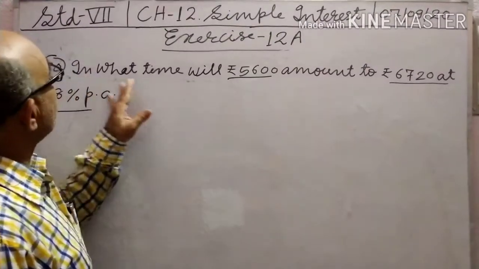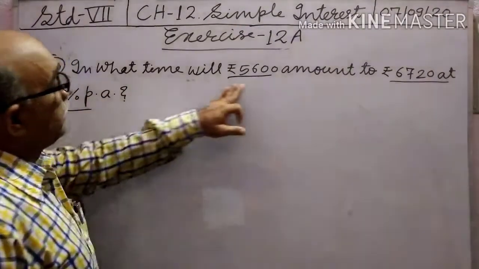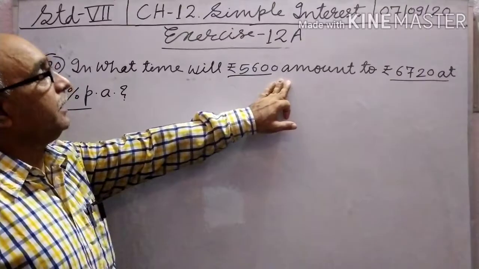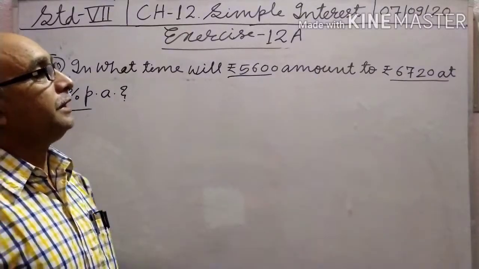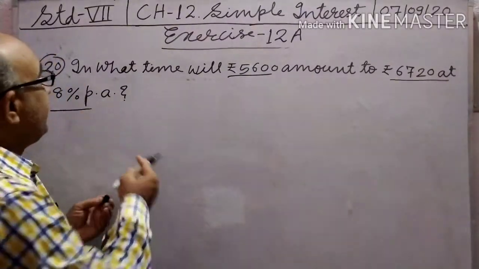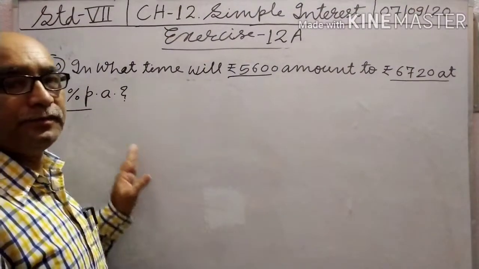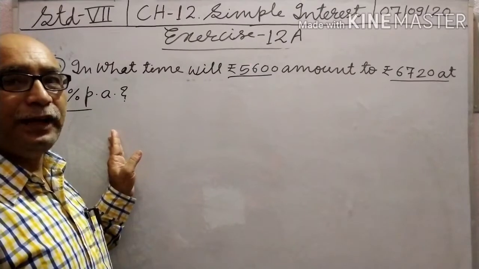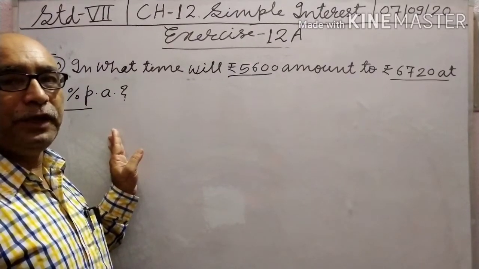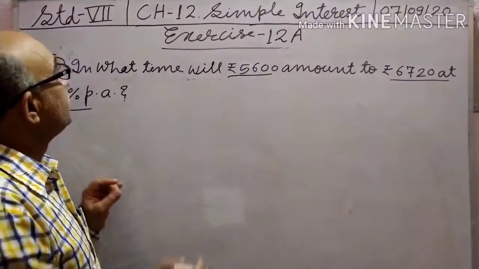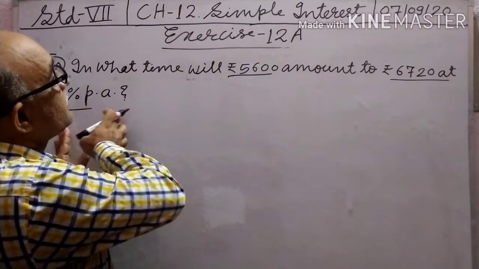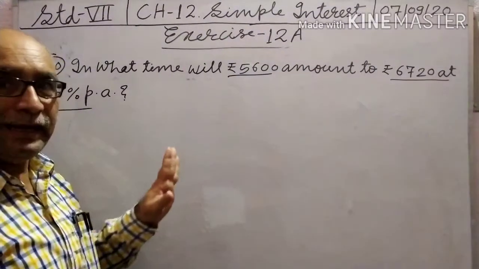In this question, in what time will rupees 5,600 amount to rupees 6,720 at 8%? Students, we have to find here time. Time equal to SI into 100 by P into R. So P is given, R is given. We have to find SI.